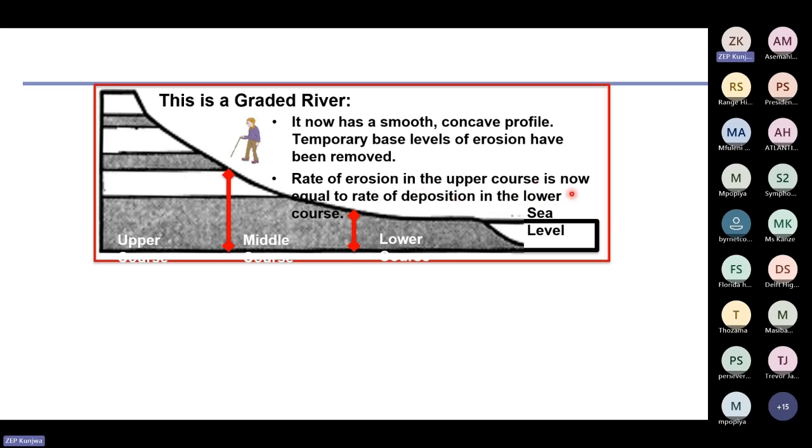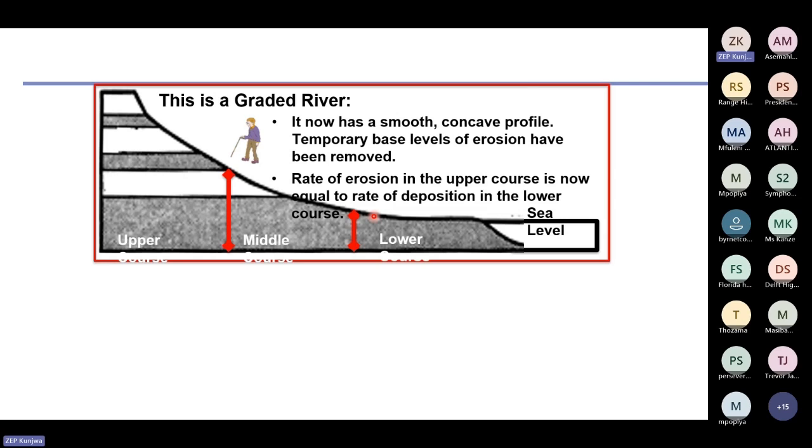And then the rate of erosion in the upper course is now equal to the rate of erosion in the lower course, which means there's a balance here between erosion and deposition. Remember, erosion digs deep, deposition covers the areas which were dug by erosion. So when there's a balance between erosion and deposition, you get a smooth landform.